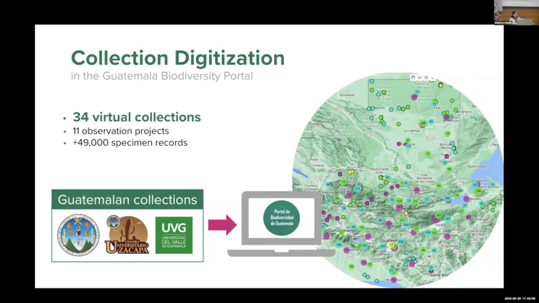We have 34 virtual collections, 11 observation projects, because some researchers also have images that they want to share with the public and not necessarily want to share on iNaturalist, for example. They want their own projects in our virtual portal. So we have digitized, I say we, but mostly people in Guatemala have digitized more than 49,000 specimen records so far.